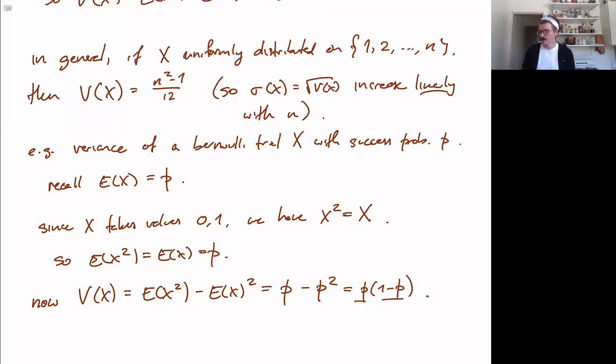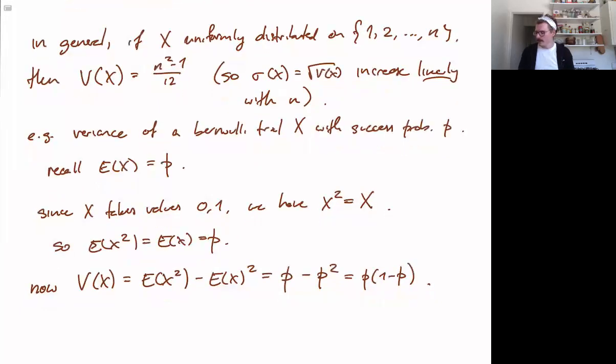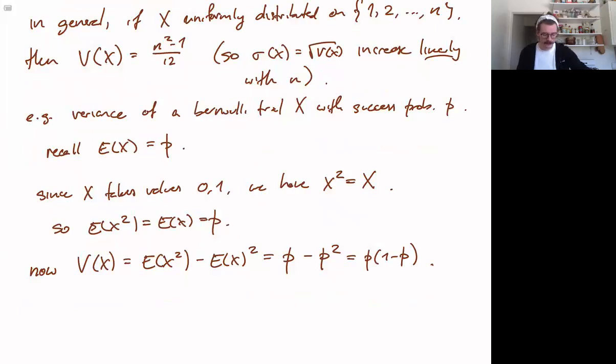And so the variance is just the product of those two things. It's a very clean formula. And as a bit of intuition in this situation, this is largest when p is equal to 1/2. Then the variance p times 1 minus p is just 1/2 times 1/2, which is 1/4. So variance is 1/4.